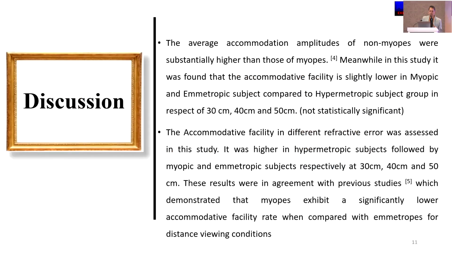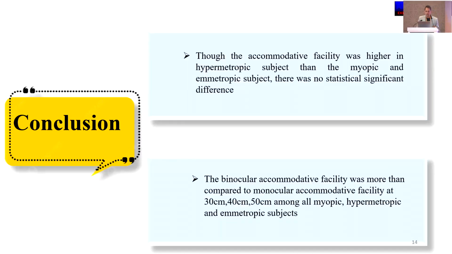In the discussion, the average accommodation amplitude of non-myopes was substantially higher than myopes in earlier studies. But in this study, we found that accommodative facility was slightly lower in myopic and emmetropic subjects as compared to hypermetropic subjects at all three distances, 30, 40, and 50 centimeters, but it was not statistically significant.